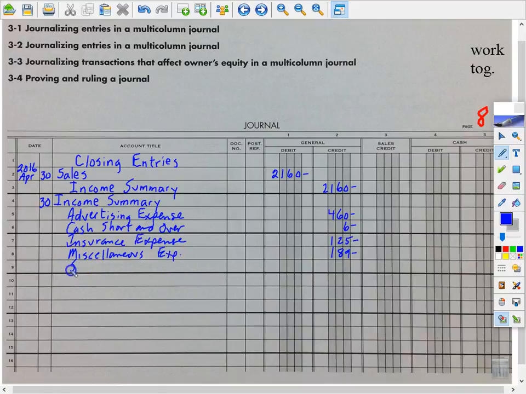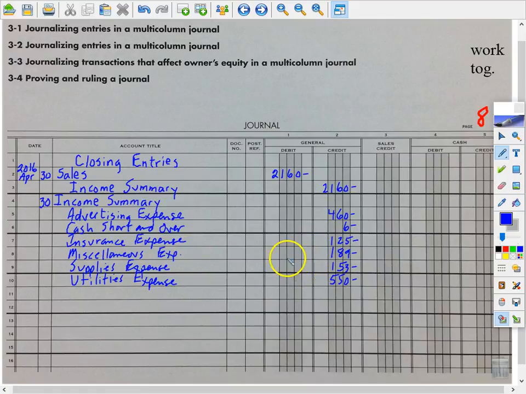Supplies expense is $153. Utilities expense is $550. Okay, so that should make sure I caught them all. Is that all the expenses?